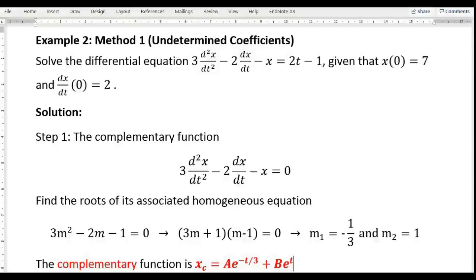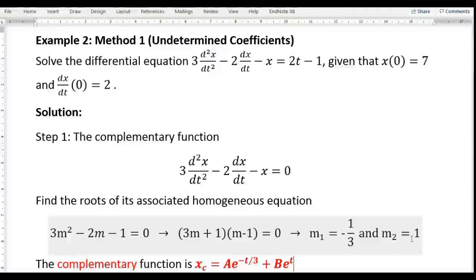So solving this homogeneous equation gives us the complementary function xc equals a e to the power minus t over 3, which comes from the first root, minus 1 over 3, plus b e to the power t, which comes from our second root, m2 equals 1.